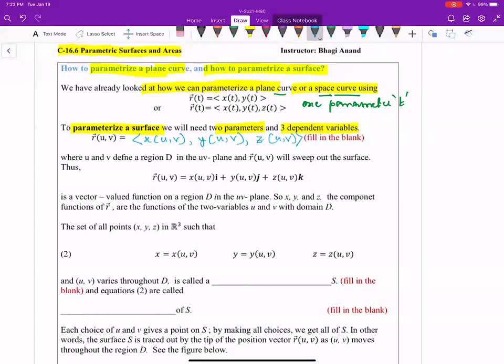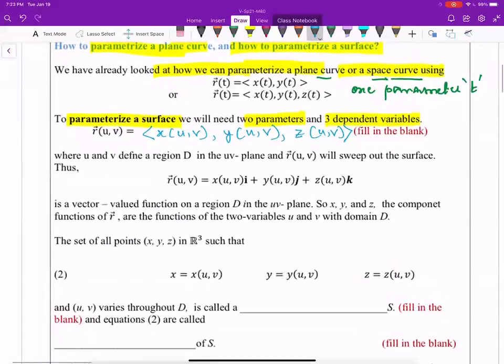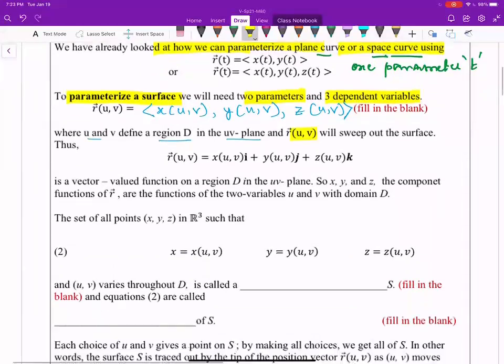These are the components of the vector r of uv, which represents a surface, where u and v define a region D in the uv plane, and r of uv will sweep out the surface.